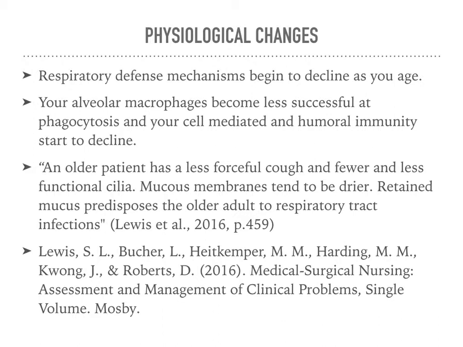So obviously that's going to affect the way your body is able to fight off infection. And Lewis also talks about an older patient has less forceful cough and fewer and less functional cilia. Mucous membranes tend to be drier, and retained mucus predisposes the older adult to respiratory tract infections. So again, that's sort of self-explanatory.